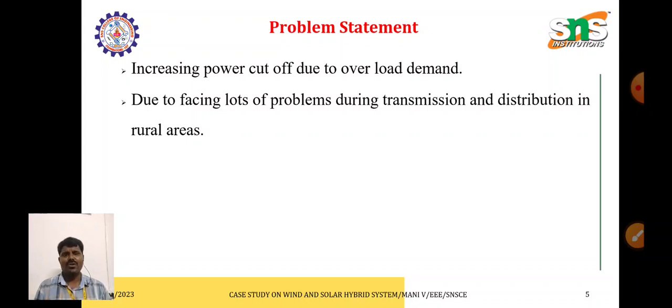Because of this demanded power, we have to face the uninterruptible power shutdown. Next, we face lots of problems during the transmission and distribution in the rural area. So these are the problems that lead us to move to the wind solar hybrid system.